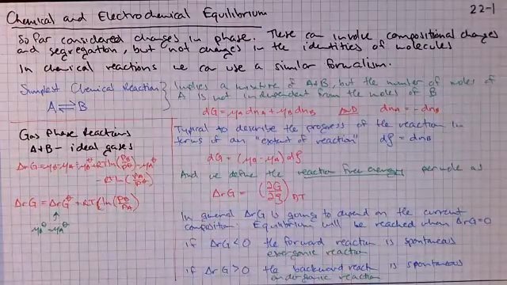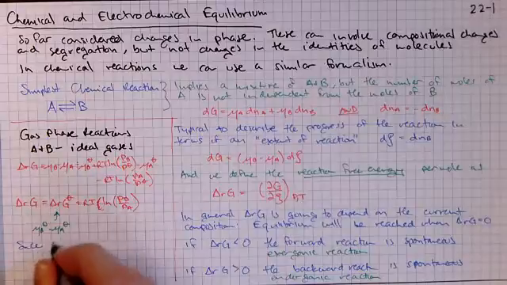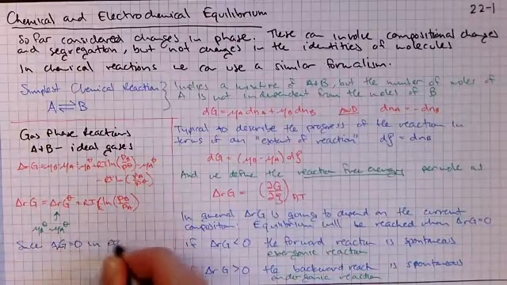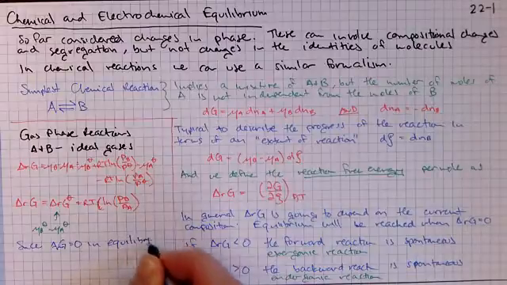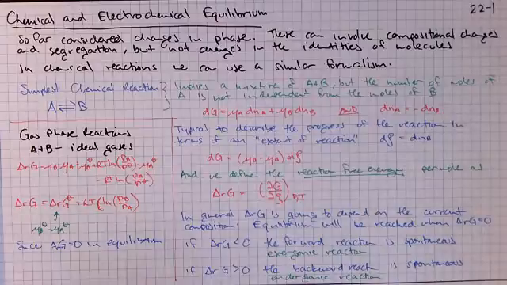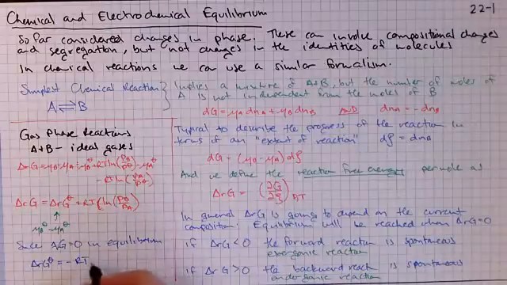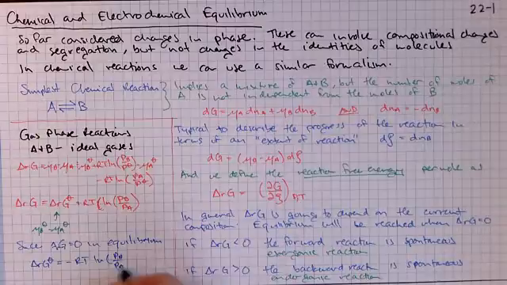Since delta Rg is equal to 0 in equilibrium, we know that in equilibrium, delta Rg theta would be equal to minus RT natural log of PB over PA, right?